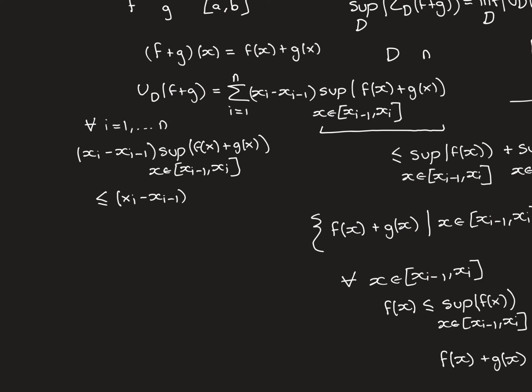So what I'm doing is taking this inequality and just multiplying both sides by xi minus xi minus 1, and then I'll apply distributivity here to write it as two separate things.